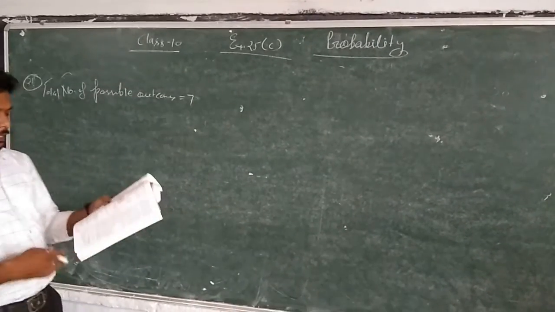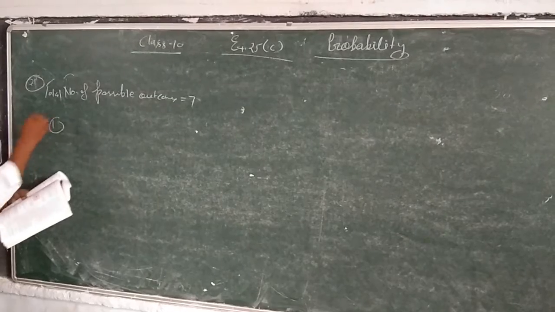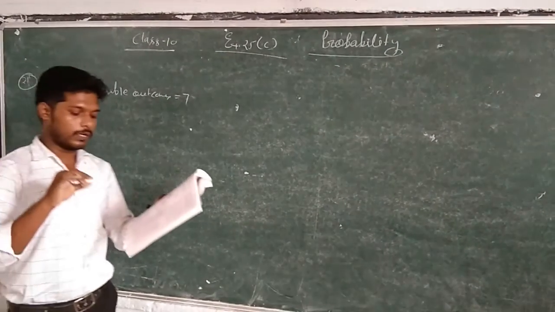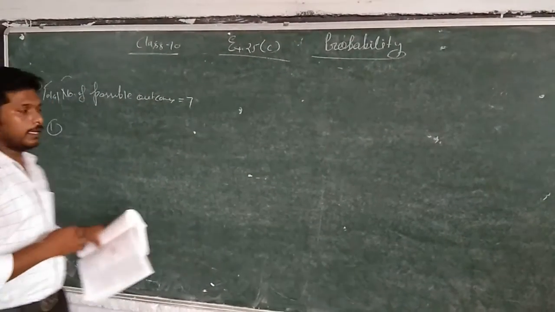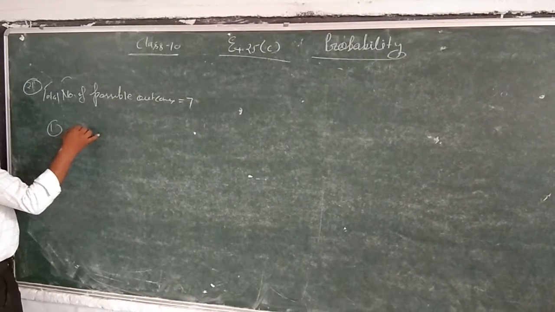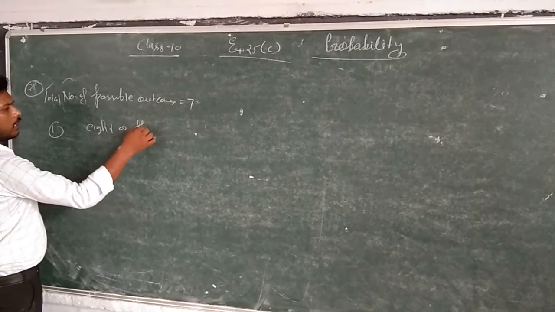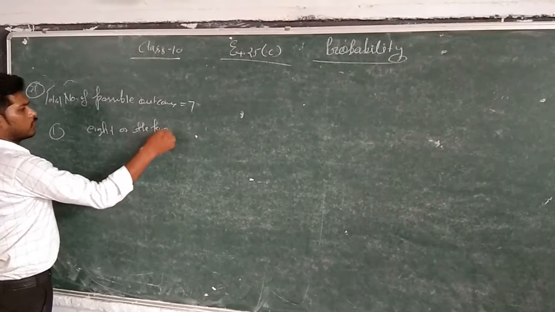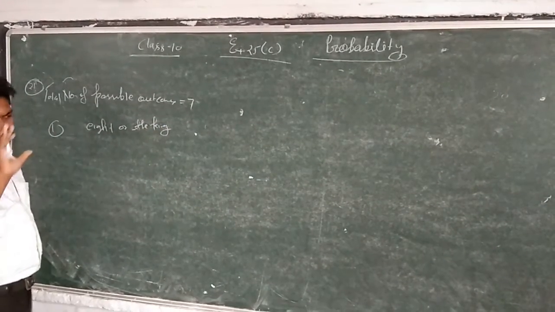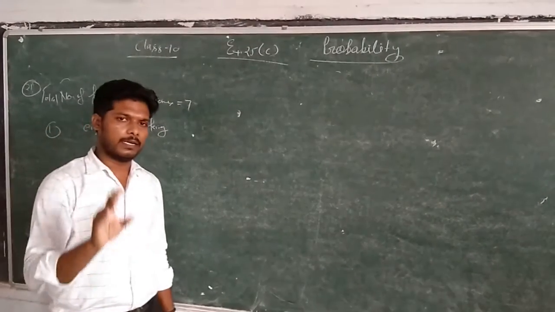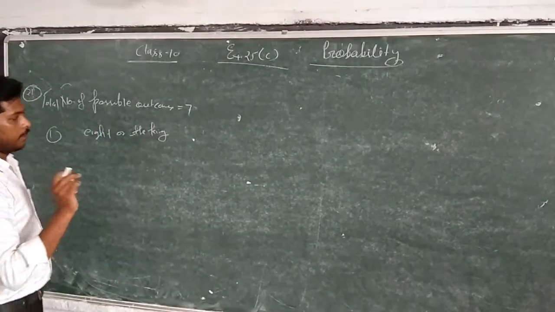So what is he asking? First, what is the probability that the card drawn is the 8 or the king? So you know very well, in every suit of 13 cards there are two favorable outcomes.